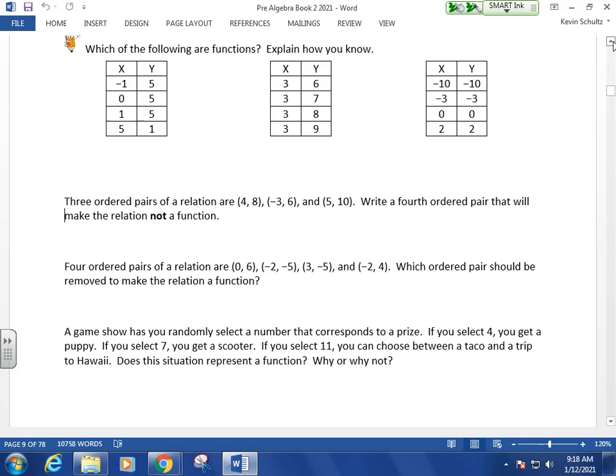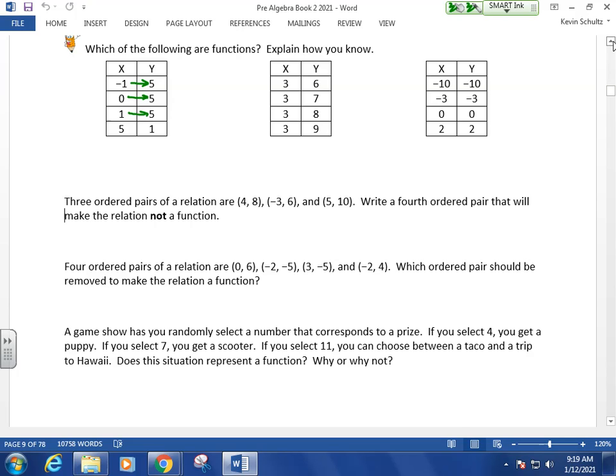Well, if we look at this here, okay, we've got an x value of -1, and when x is -1, y is 5. Are there any other y values when x is -1? No. When x is 0, y is 5. Are there any other y values for when x is 0? No. When x is 1, y is 5. Okay?